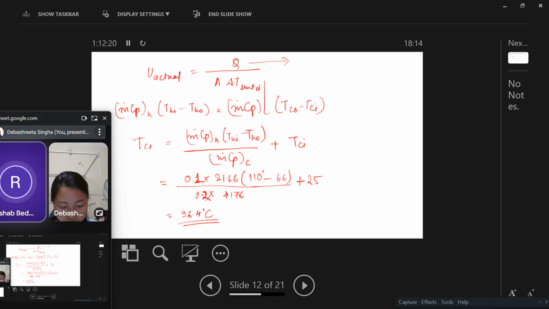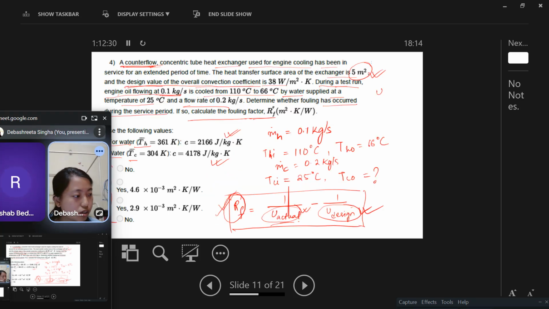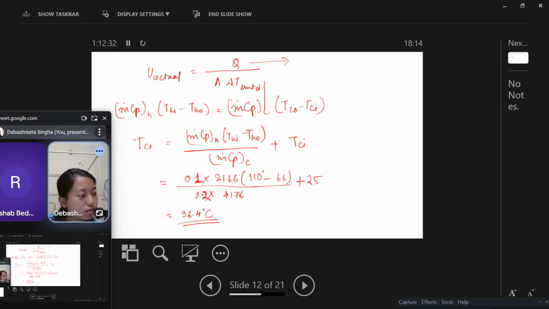Yes, ma'am. This is correct. I have made a mistake here. I had TCI minus TCO, so the equation was wrong. For cold fluid, TCO is always greater than TCI because it will take the heat. So you should take care: for hot fluid THI minus TH naught, for cold TC naught minus TCI.